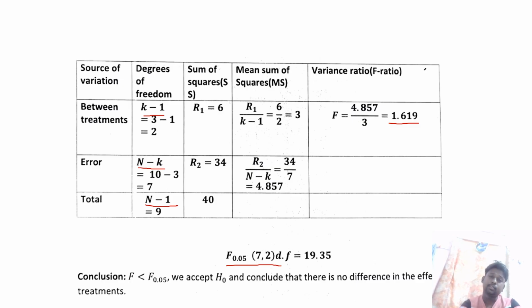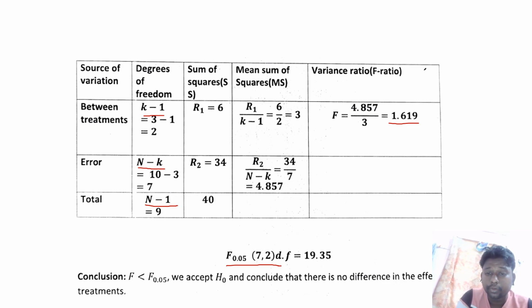If the between treatments value is greater, its degree of freedom goes in the first value, and if the error value is in the denominator, its degree of freedom goes in the second value. To compare this value, we use the F table chart.